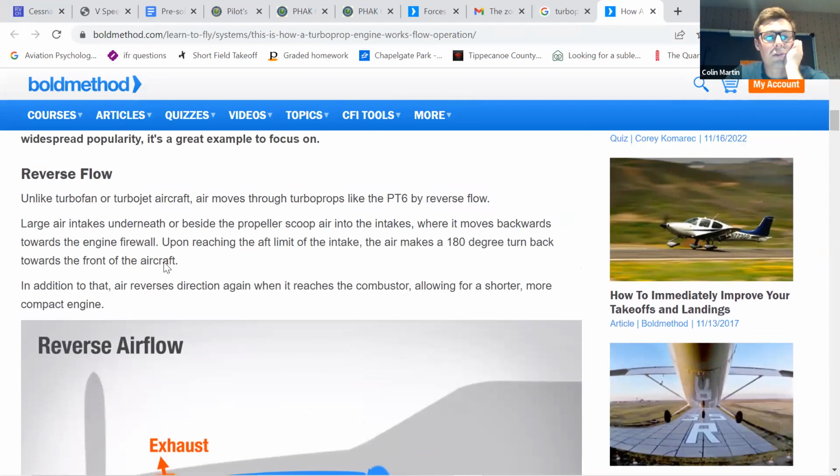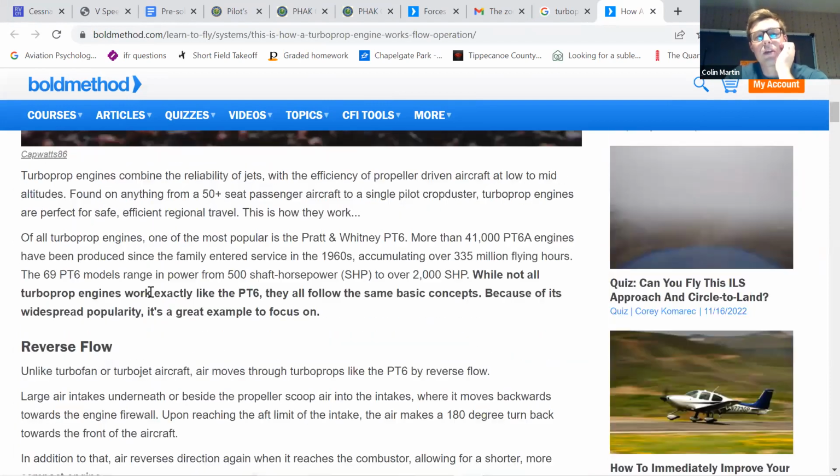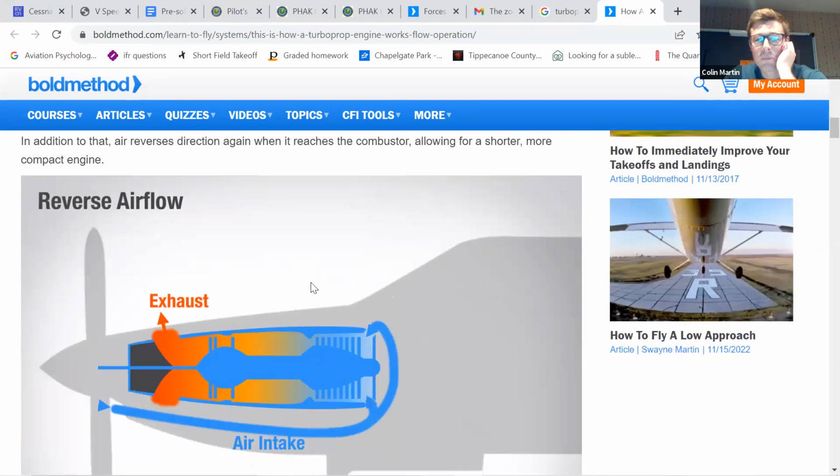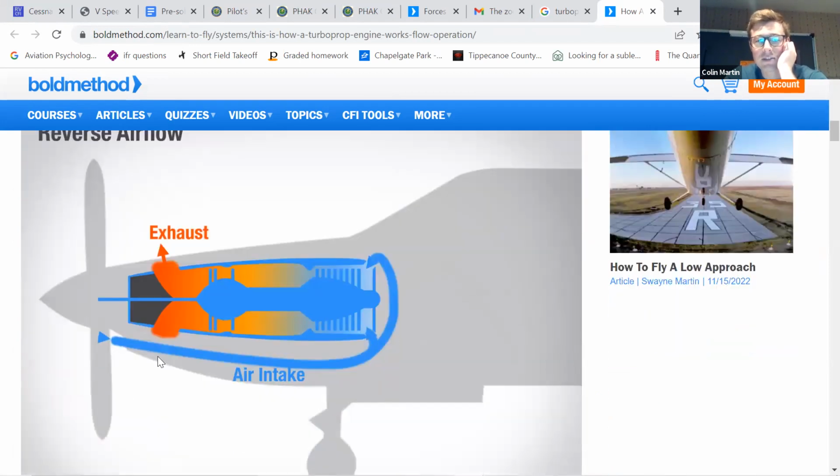Cool. So in the turboprop planes, there's something called reverse flow. What happens is that the air gets sucked into the engine, but through the back. And then there are these compressor fans, just like in a jet, that compress the air.